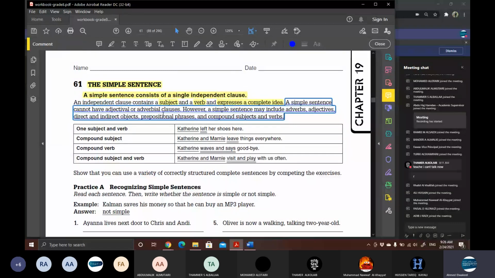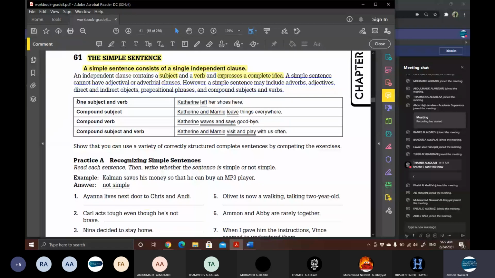Of course, a simple sentence may have a direct object or an indirect object. It can have an adverb, an adjective, or even prepositional phrases. No problem in this. Some examples of simple sentences, like the ones we have just taken. If we have just one subject and one verb, for example, Hussein, Catherine: what are the subject and verb?